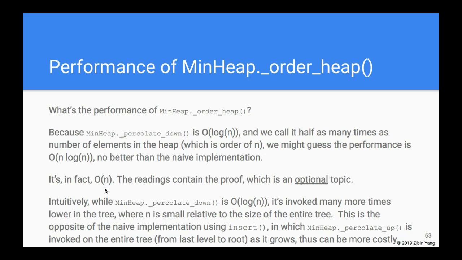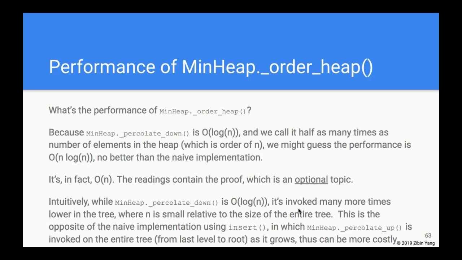When you think about it, even though percolate down is O of log n, it is actually invoked many more times when it's lower in the tree. So think about the tree.